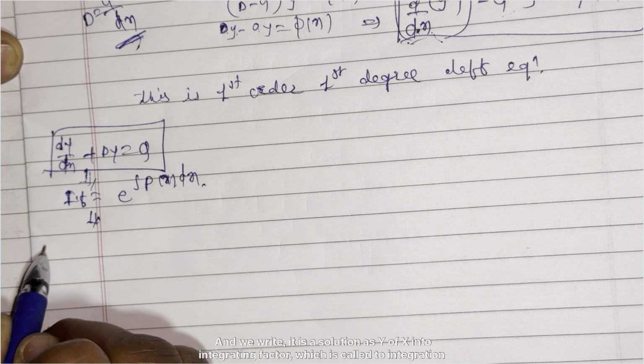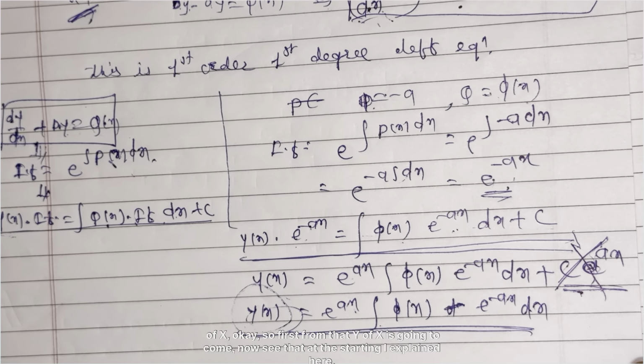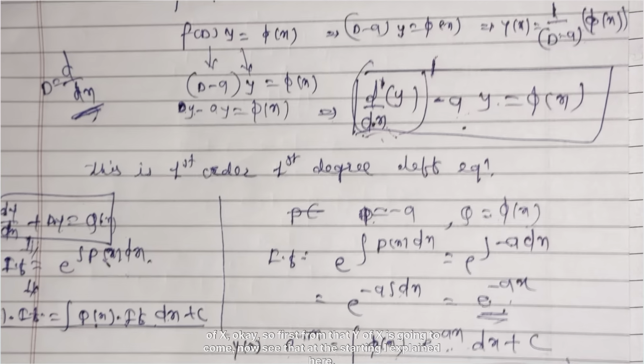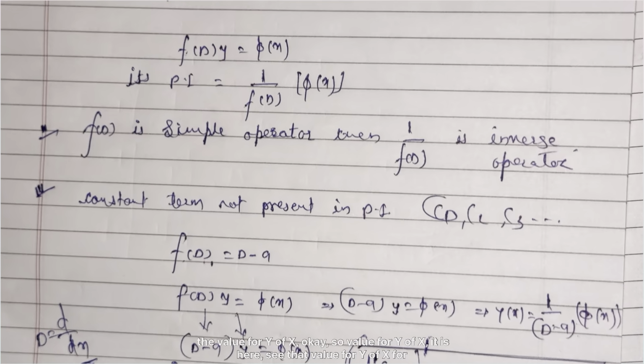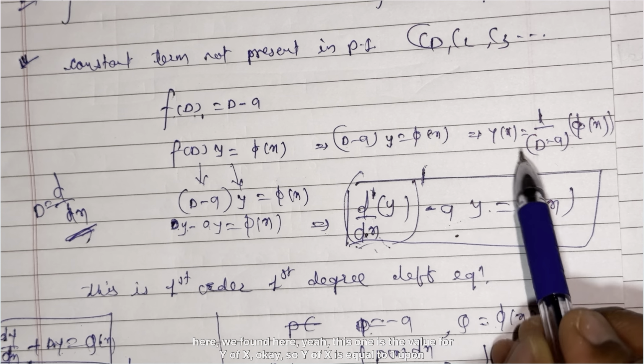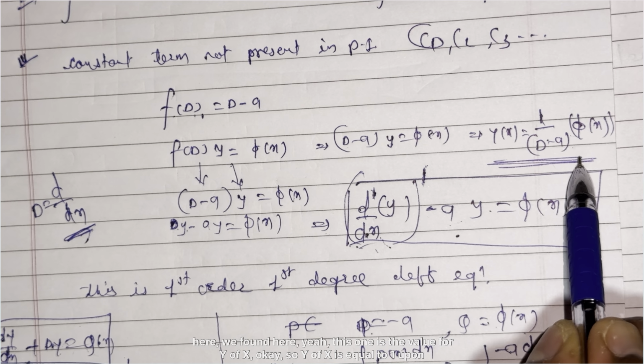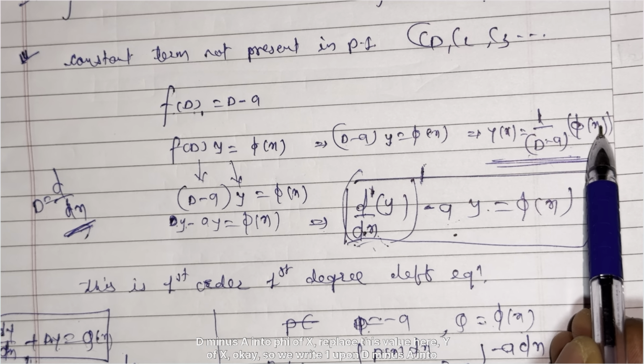Now see that we are working on a particular integral. So we have to solve the auxiliary equation here, replacing the value for y of x. At the start I explained the value for y of x: y of x is equal to 1 upon d minus a into phi of x.